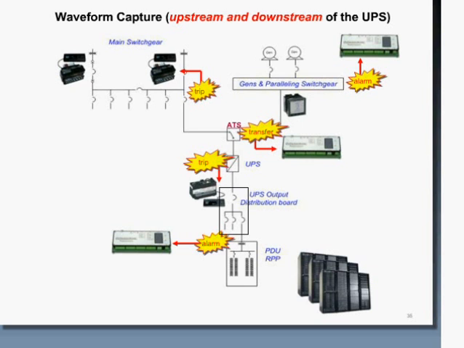You might have an ATS transfer going to your parallel system. We would capture that sequence of event. If instead of a trip upstream, you have a trip downstream at the UPS, we would capture that alarm and date stamp that within the system. So now I have a total date stamp, and I have the ability to look at whether I'm going through an upstream or downstream application within the UPS.